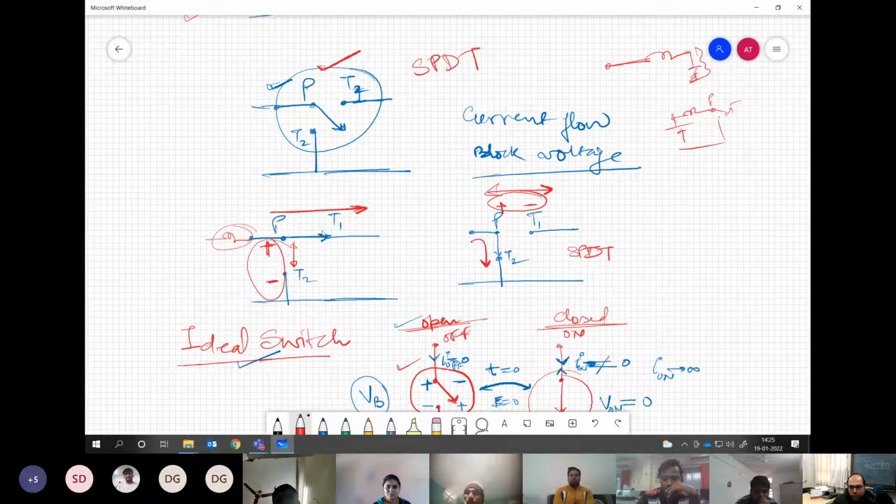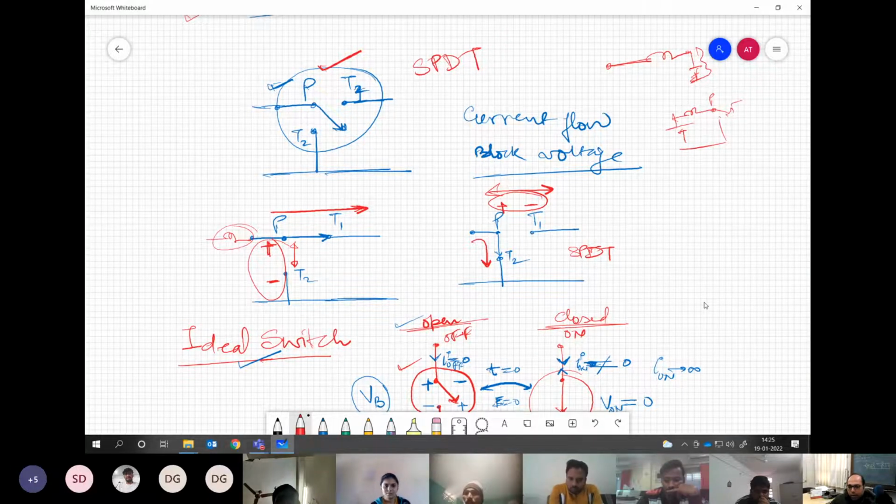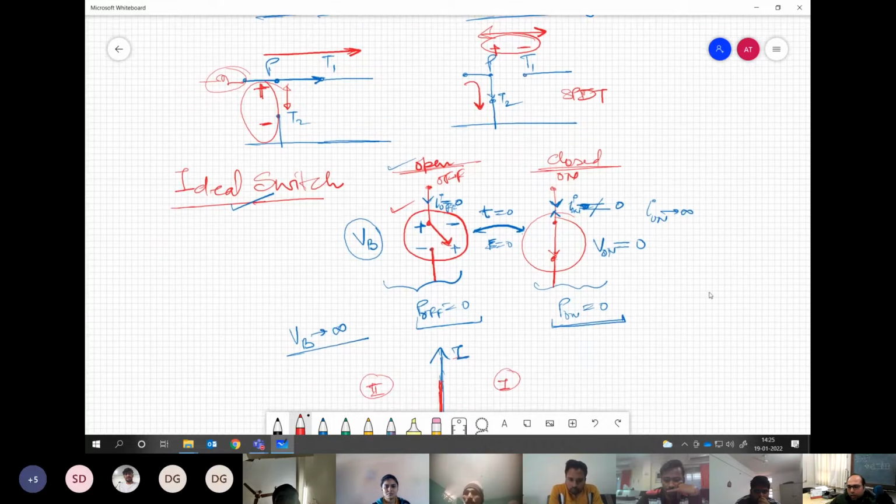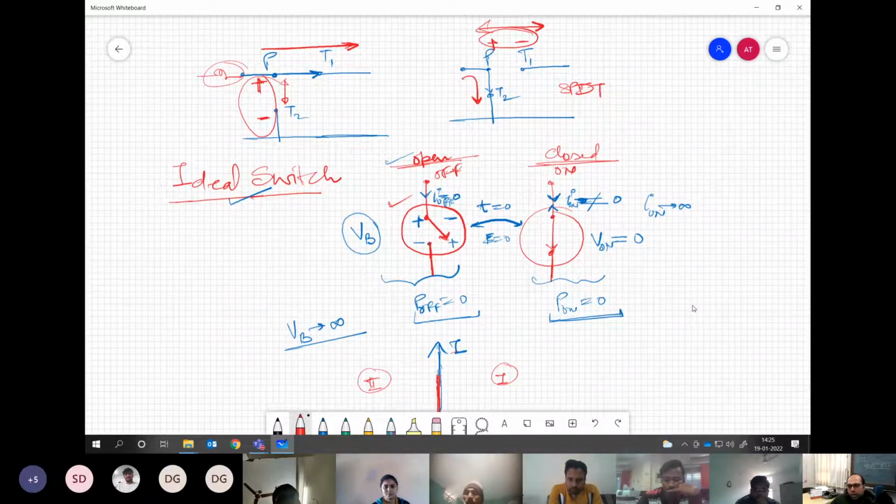But how to realize this? Obviously we cannot have any mechanical switch, that we are very much sure. So it could be one of the power electronic devices. So this is what we are going to discuss today: which power electronic device you can have in the place of T1 and T2.